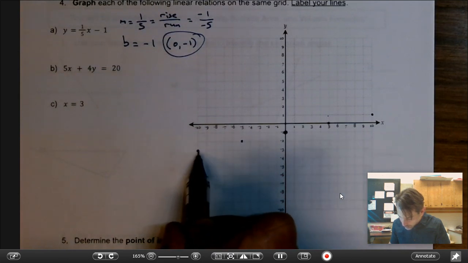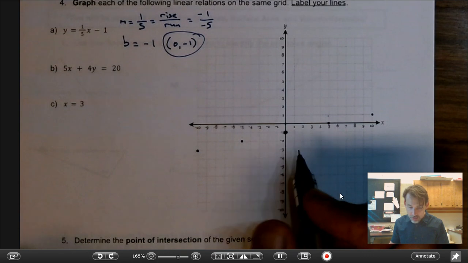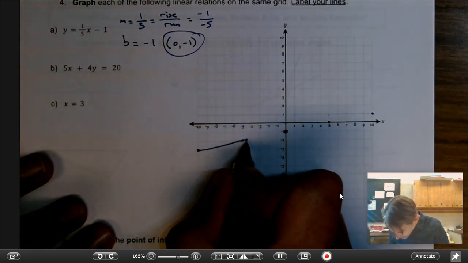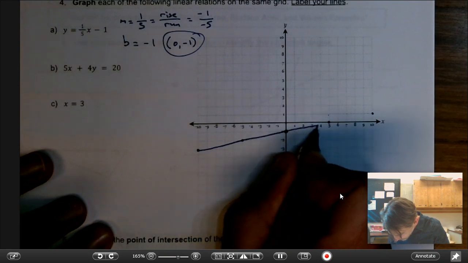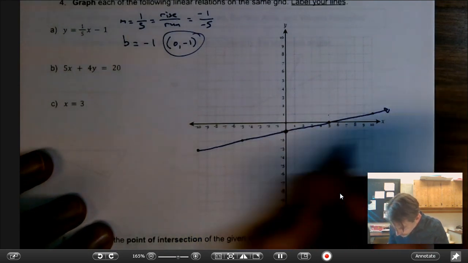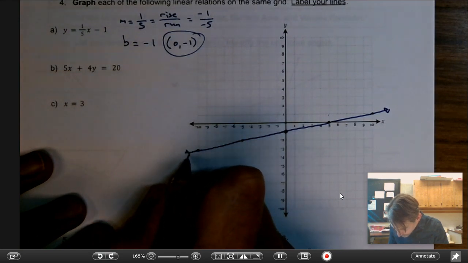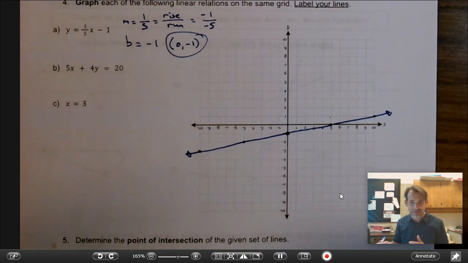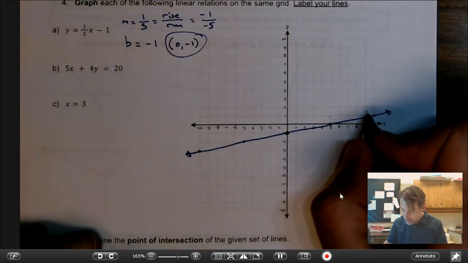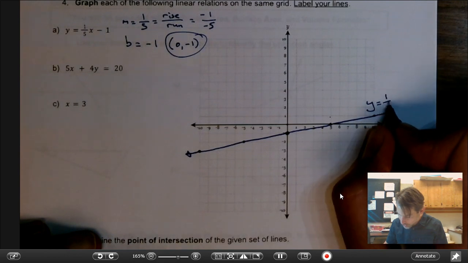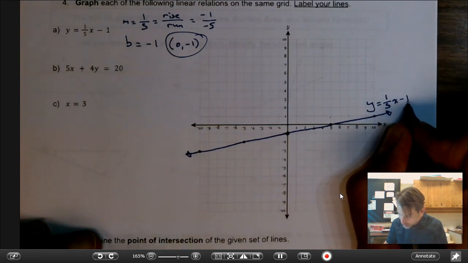And then you go ahead and get a ruler, put a straight line through that, or do it by hand for some good practice. Even if I used a ruler, I'd still use algebra to find the values of those different values in between. Okay, so now we label it. This is y is equal to 1/5 x minus 1.